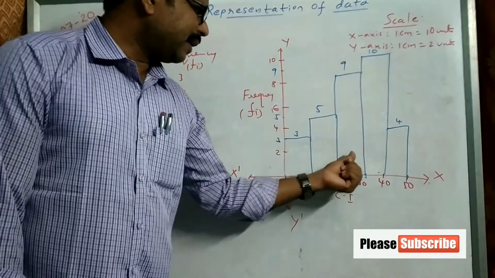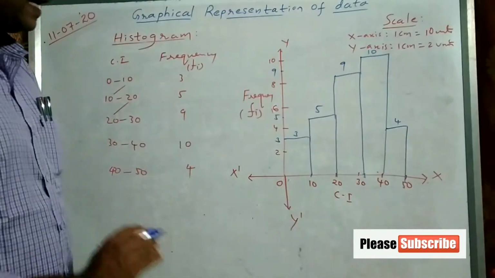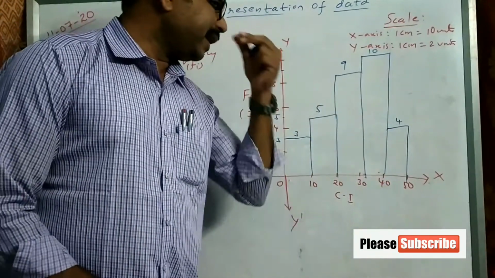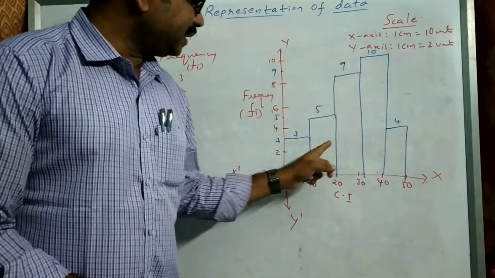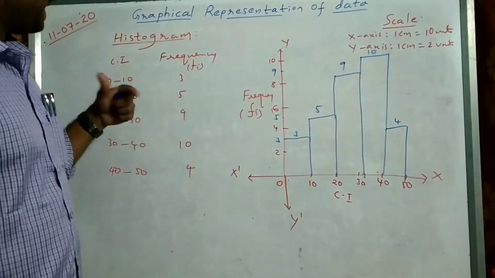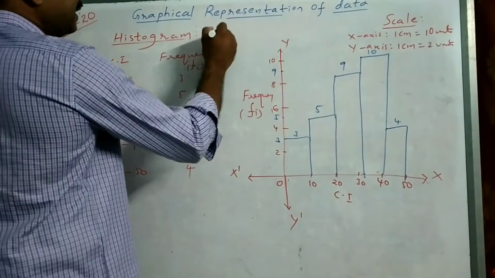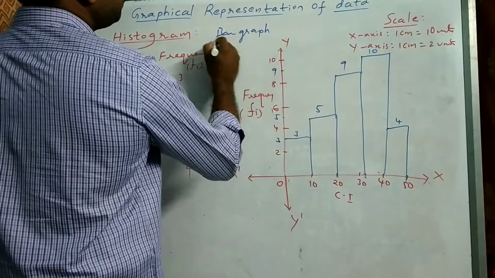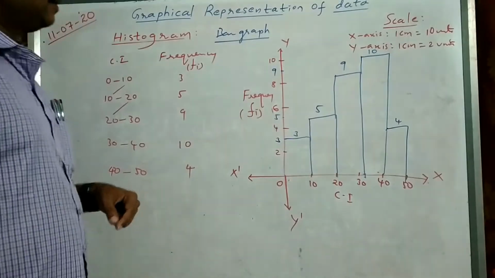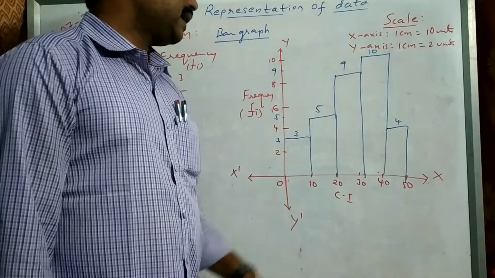No gap should be given between each bar. If you give gap between each bar, that diagram is called a bar graph. If you give 1 cm gap between each bar, that is called a bar graph.